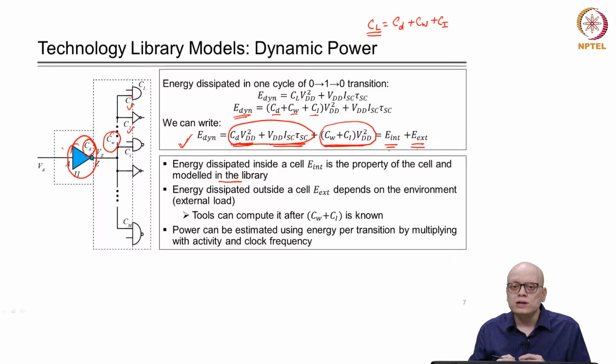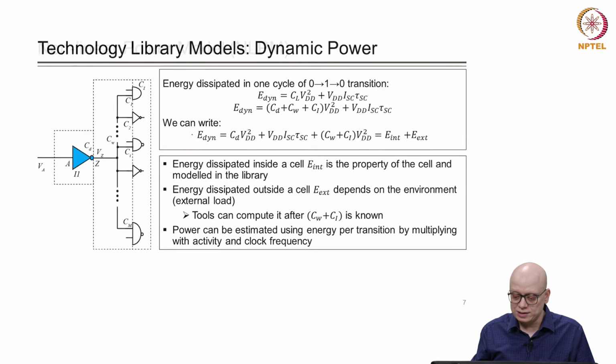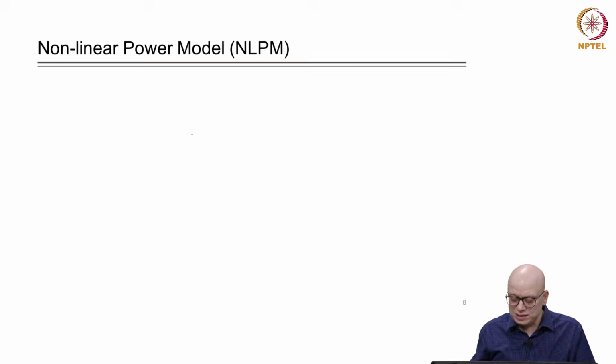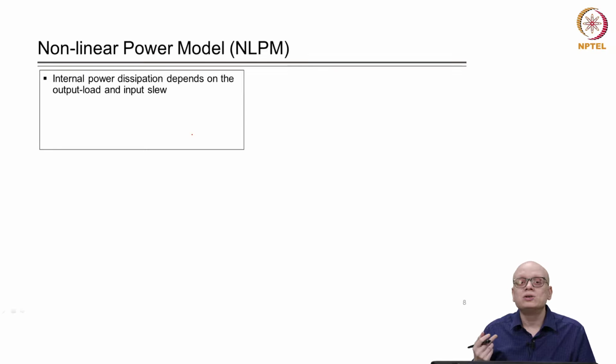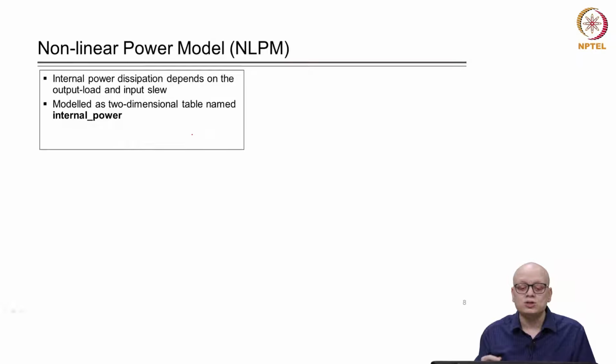So, now let us look into how this internal power is modeled in the library. So, this internal power is modeled similar to the NLDM that we discussed earlier, and the power model that we have is known as nonlinear power model. So, the internal power dissipation depends on the output load and the input slew, and therefore, it is modeled as a two-dimensional table as we did for NLDM for the delay, right.